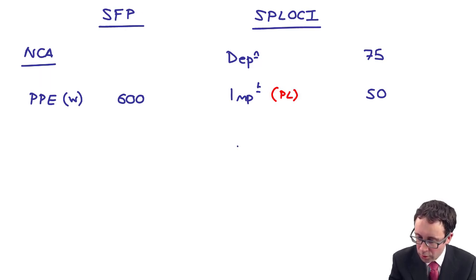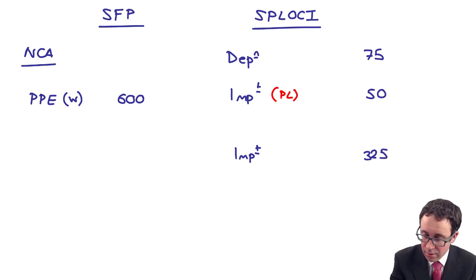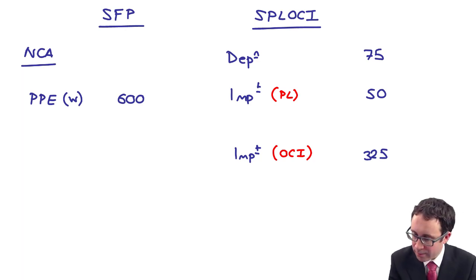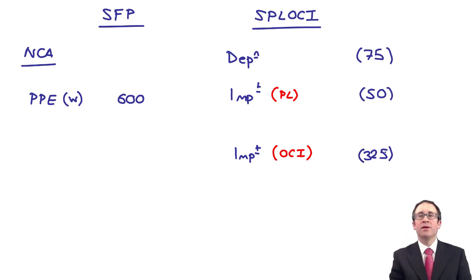And then you also have the 325 that goes in that dangling down bit at the bottom of the statement of profit or loss, and OCI being the other comprehensive income. If we want to be specific, they're expenses, so it'll be shown in brackets, and that will be a negative figure in OCI.